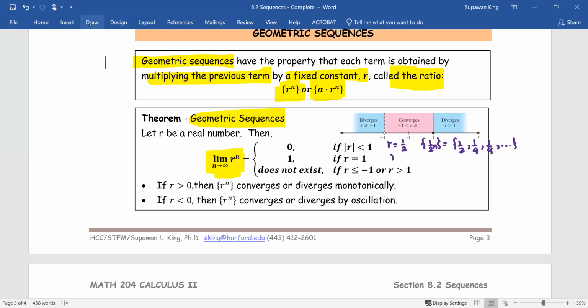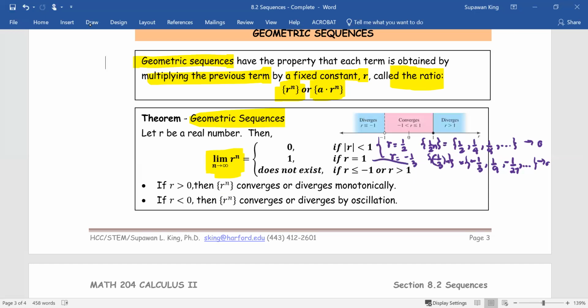Or if r is negative 1 over 3, in a similar way, negative 1 over 3 to the power n is in the form of negative 1 over 3, 1 over 9, minus 1 over 27, and so forth. As you see, as you take the limit as n approaches infinity, the value approaches 0.